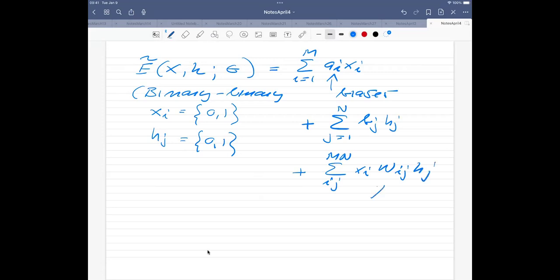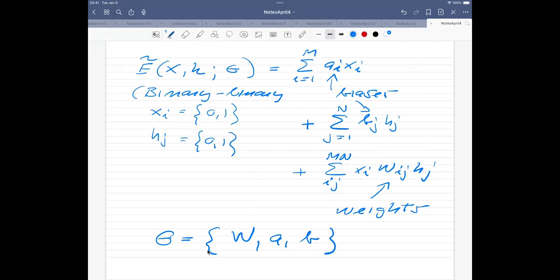So these become then the weights which we want to train. And this is also a bias parameter. So that means that this theta is a container for the variables b, a, and w. So these are the parameters which we want to optimize.